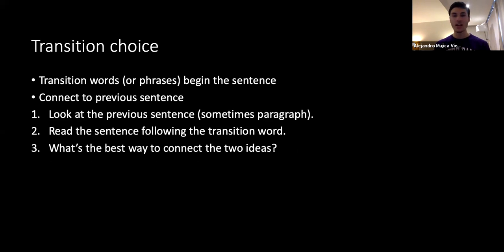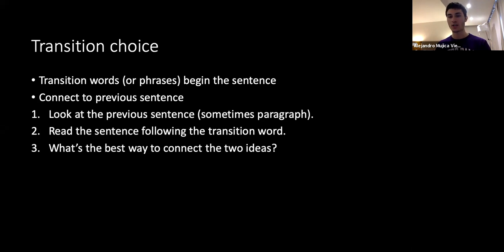So in this kind of exercise especially, it's important to look at the context: maybe 1 or 2 sentences before, and then the sentence after it and the stuff following the transition word or phrase. You're trying to understand what the function of this word should be based on the surrounding context.